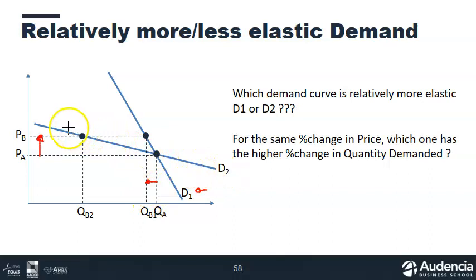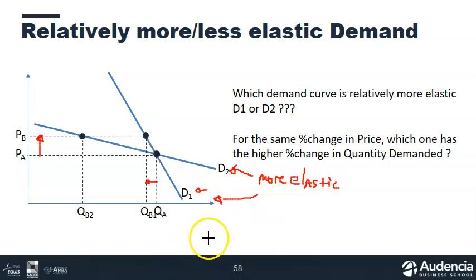Whereas this demand curve here, which is much flatter, the quantity demanded will go from QA all the way down to QB, which is down here. So it decreases by much more than even 50%. We have a big decrease in the quantity demanded. This demand curve here is more elastic than the other demand curve.